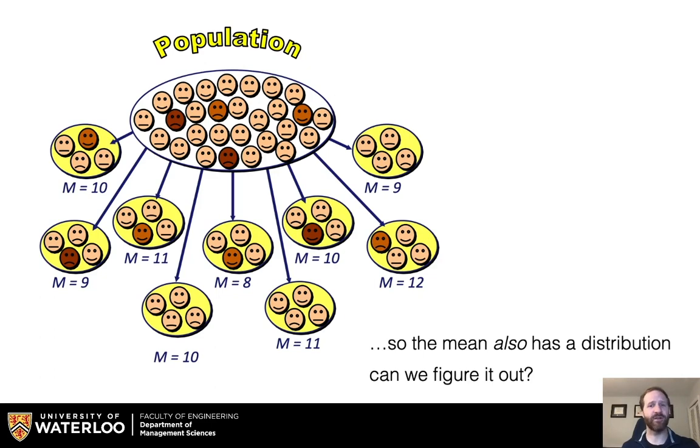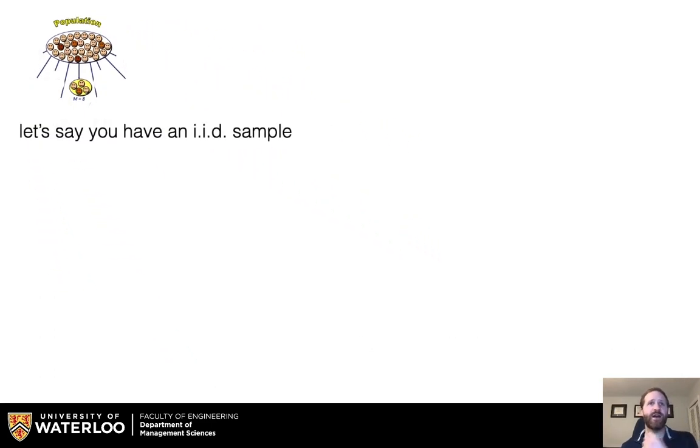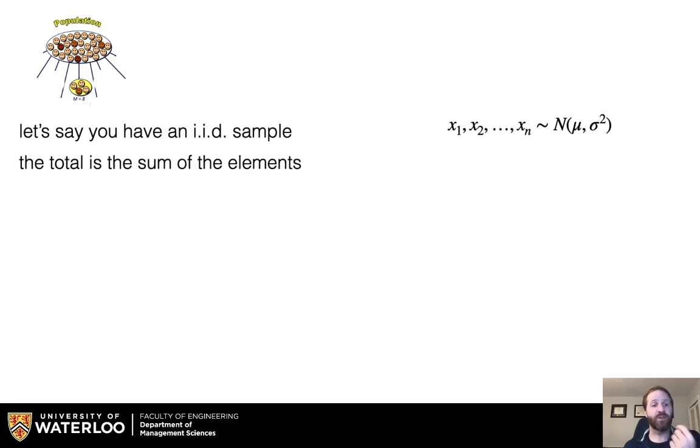Let's start by trying to tackle variance. Let's say you have one sample and it's an independent, identically distributed sample. So you've got x1 through xn. They're normally distributed around a mean of mu and a variance of sigma squared. The total is the sum of the elements.